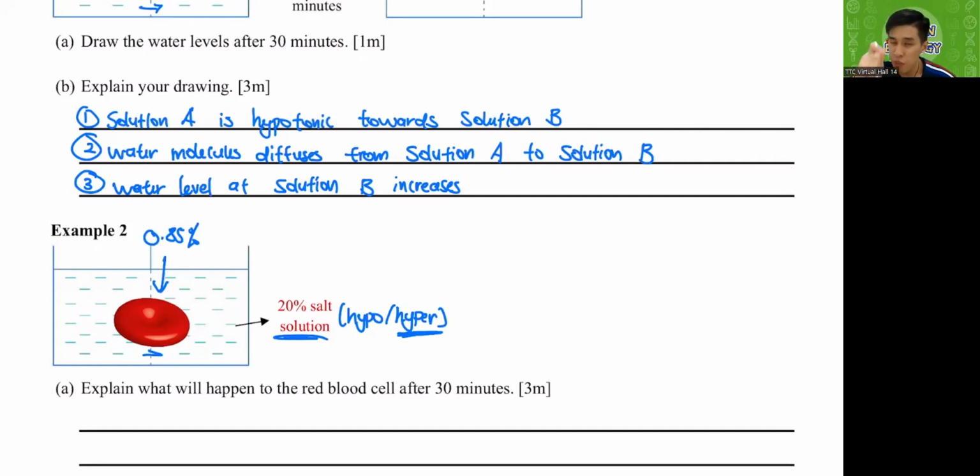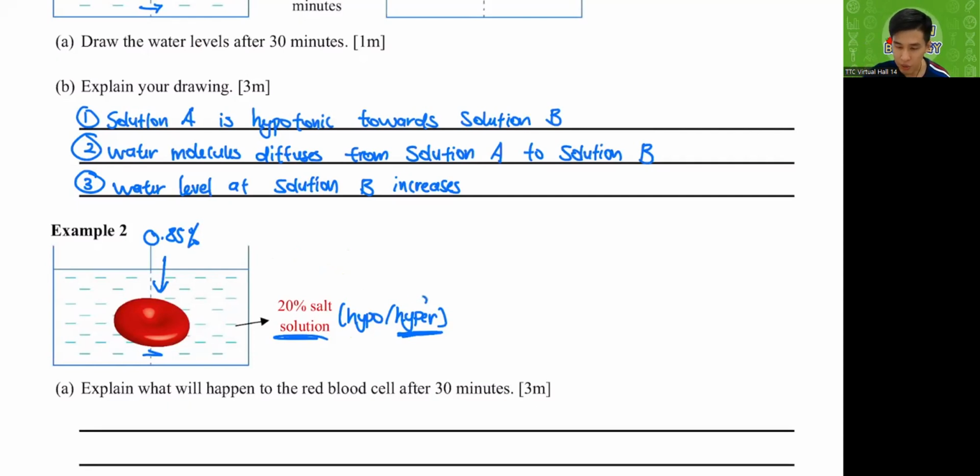So there's a small possibility. I saw one question before, only once in my life, maybe 1 or 2 like that. They gave 0.1% salt. So if it's 0.1, then it's hypo because it's lesser than 0.85. But usually they won't give you less than 1%. Usually they give you more than 1. So most of the time it's definitely hyper.